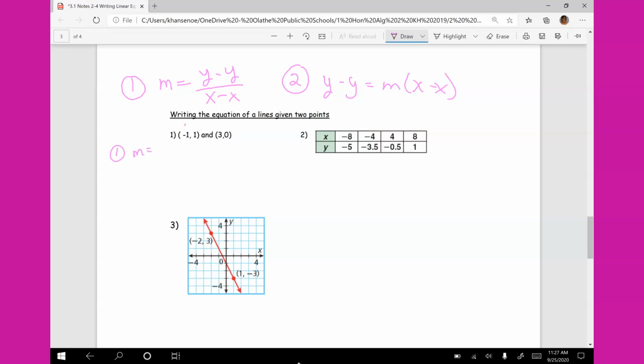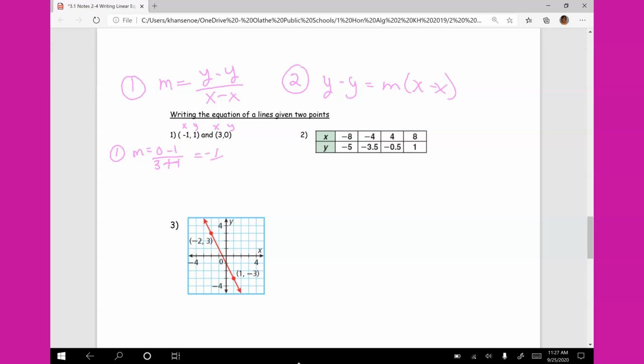Slope equals, this is x, y, so I get 0 minus 1 over 3 minus a negative 1. Negative and negative makes a positive, so I get negative 1 over 3. The second thing I do is I'm plugging it into your point slope. So now that I have a slope and I have a point, I pick whatever point you want. I'm picking 3, 0 because I think with that 0, that's going to make it really easy for me.